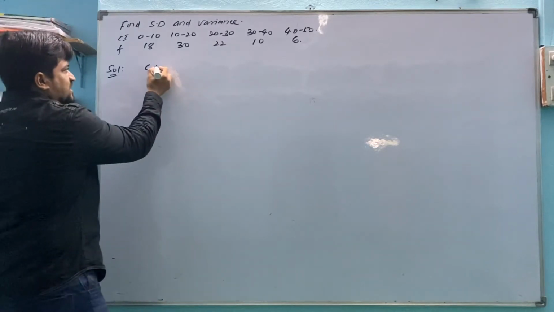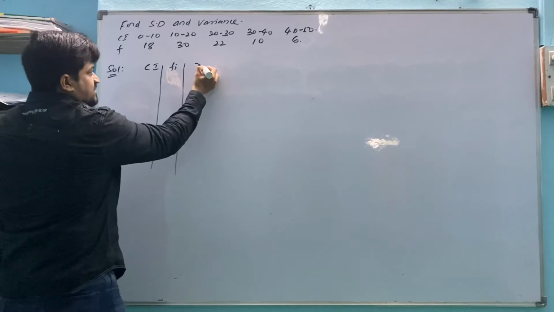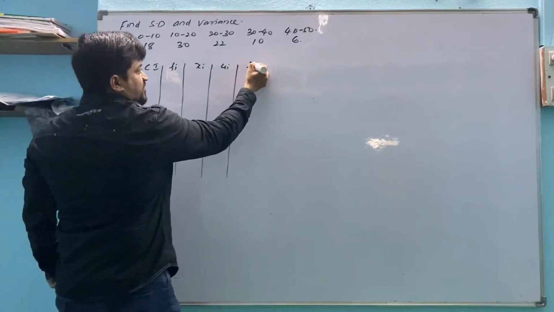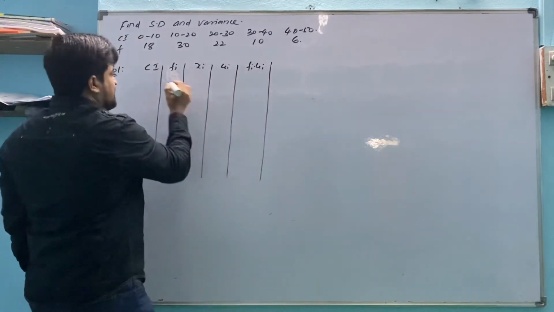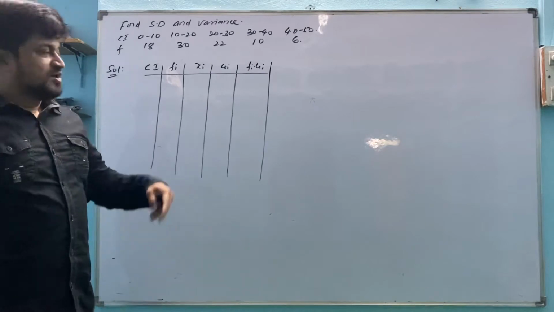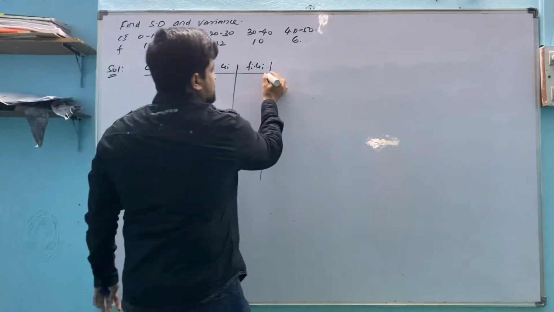The mean columns are Ci, Fi, Xi, Ui, Fi into Ui. These are the mean columns. To find the mean, we know how to take these columns. Once you have these 5 columns, then you can go for the next 2 columns.